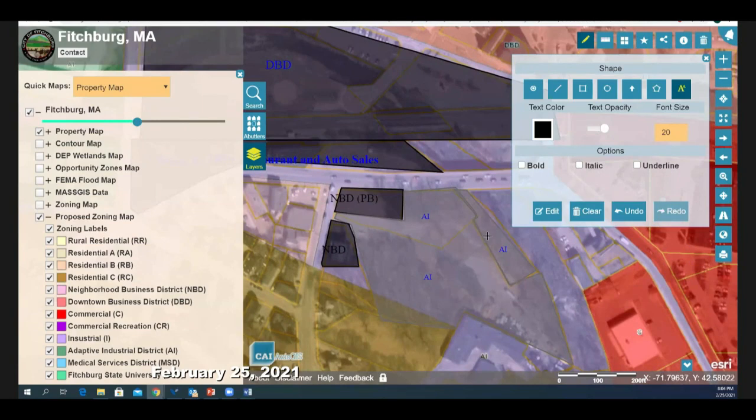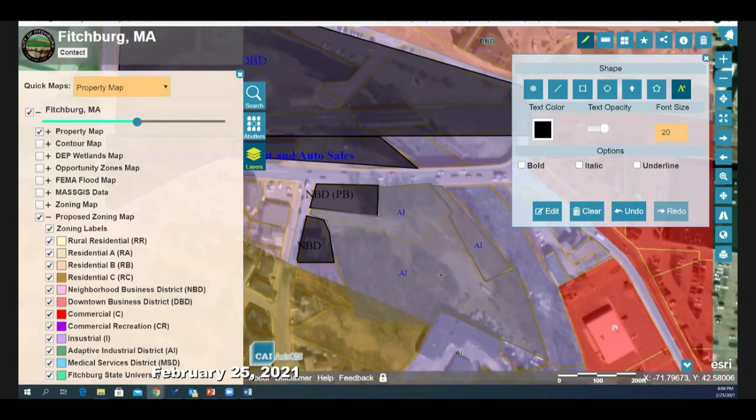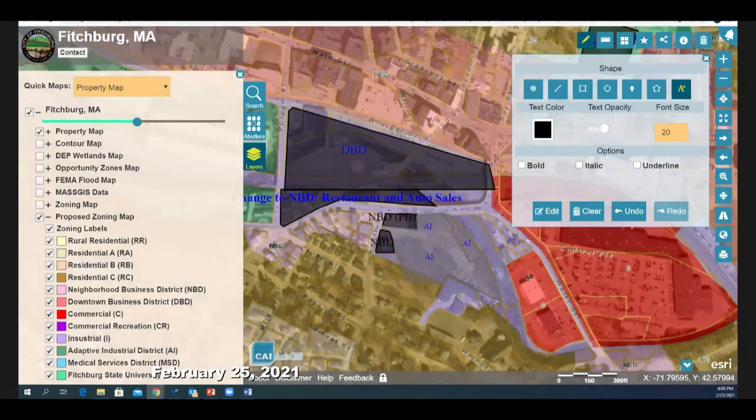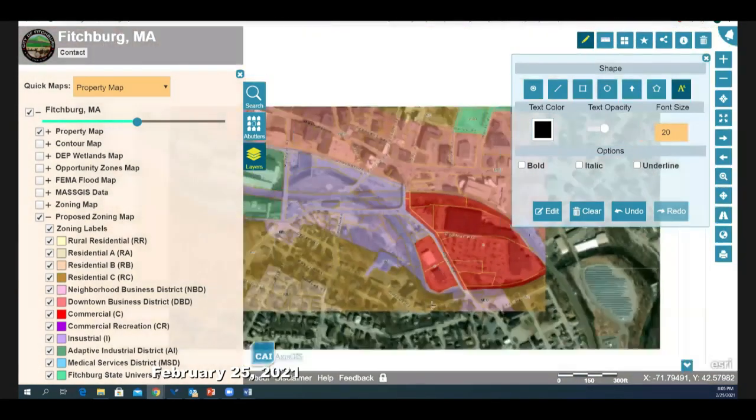And then the AI behind that was to not just be straight industrial, but the AI allows flexibility for something else. So it doesn't take any rights away from the property owners in this district. It just adds more flexibility should they choose to take advantage of the AI. Yep, that sounds good. Okay.